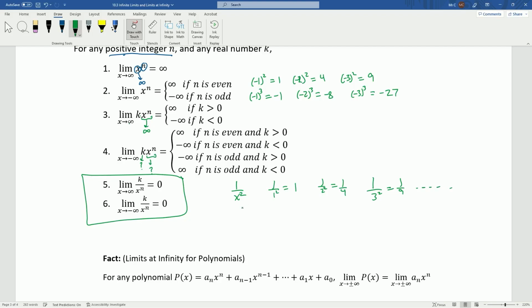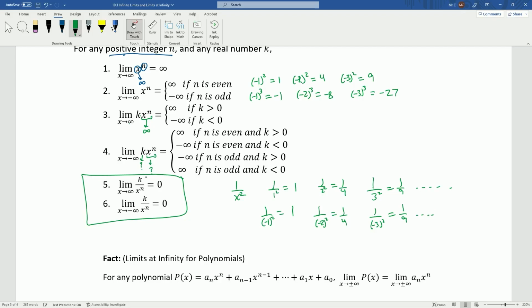If I have 1 over -1 squared, I still get 1. If I have 1 over -2 squared, I get 1/4. Now I might get negative values if I had an odd power here, but they would still be values that were getting closer to 0.